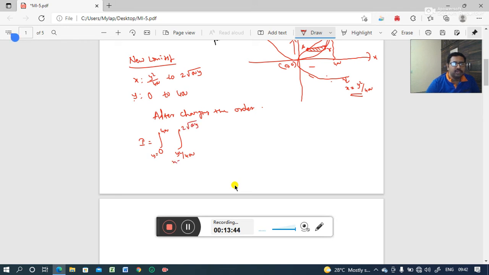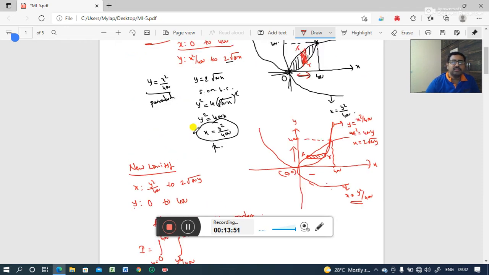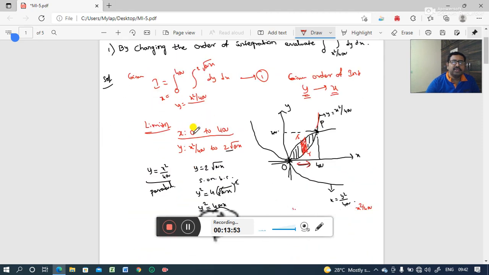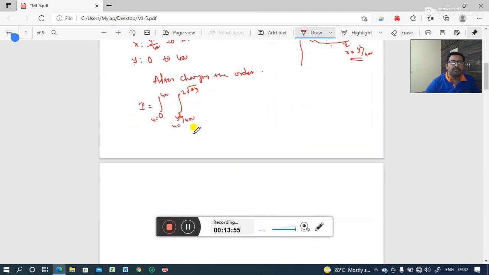So these are x limits. And what is the function? None is given, it is just dy dx, which means there is a 1. Okay, so then what is your order? It is in terms of y, means x. First you are integrating with respect to x. Therefore you write dx into dy.